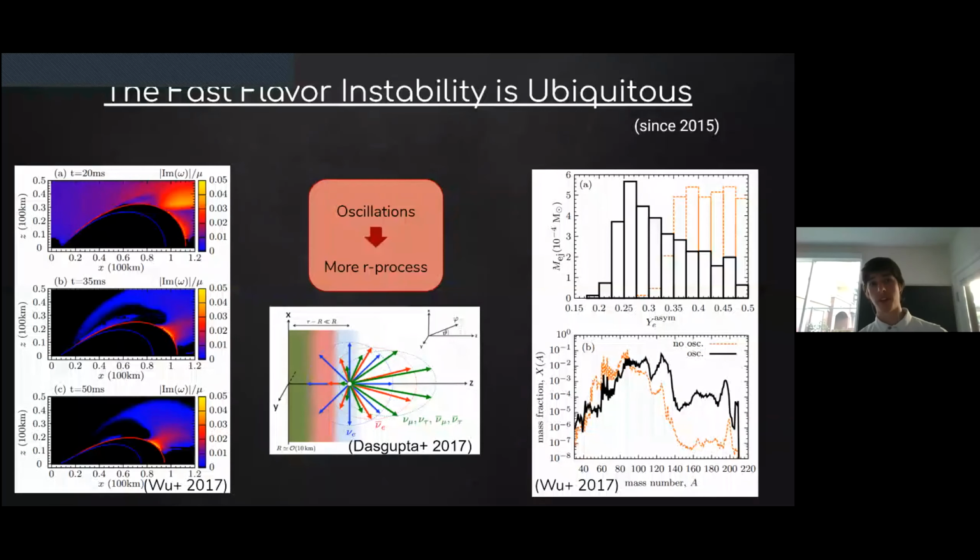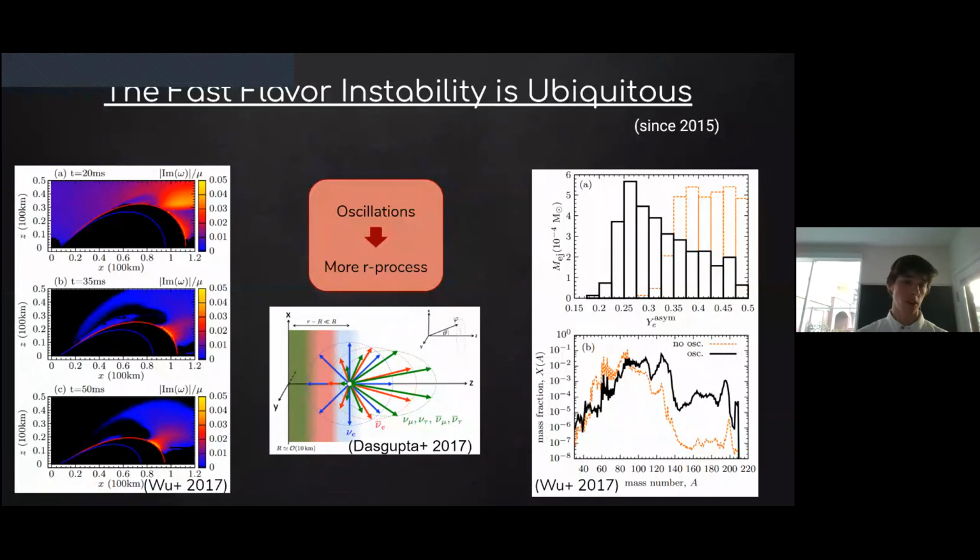And the last thing to talk about is this fast flavor instability, which recently was shown by Meng Wu to be really ubiquitous in neutron star mergers. It was originally proposed as an exploration of core collapse supernovae, but the same physics is true in neutron star mergers.